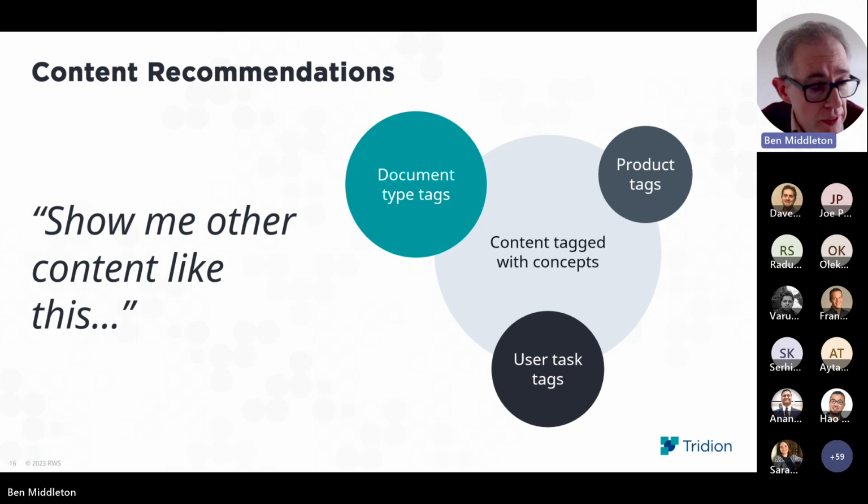In our case, we want the reliability of a content editor or a knowledge manager who's given that seal of approval, if you like, on the content, saying, yes, this content has this particular tag associated with it. So we're leaning on those concept tags that we've already applied as part of that whole faceted search tagging piece that we talked about in the previous release, and harnessing that feature to find recommended content based upon that taxonomy.